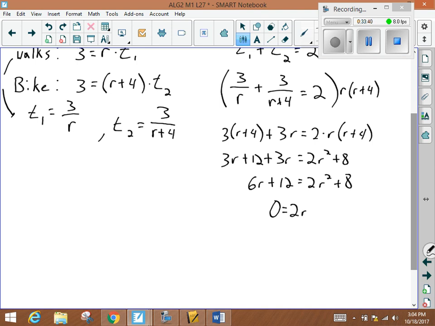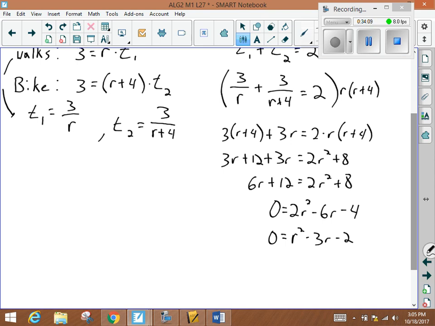So I'll subtract 6R from both sides, and that'll move that over here. And then I'll also subtract 12 from both sides, and that will give me a -4 here. Look at that. Each one of those 3 terms has a common factor of 2. So I'm going to go ahead and divide everything by 2, which will give me R squared minus 3R minus 2.